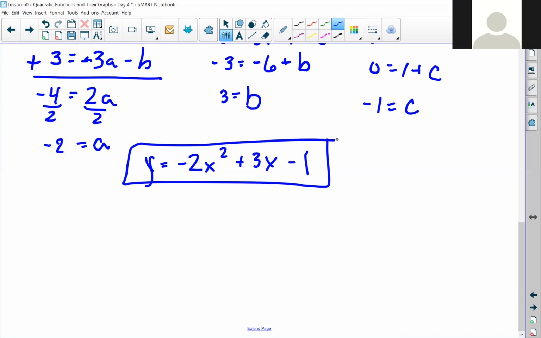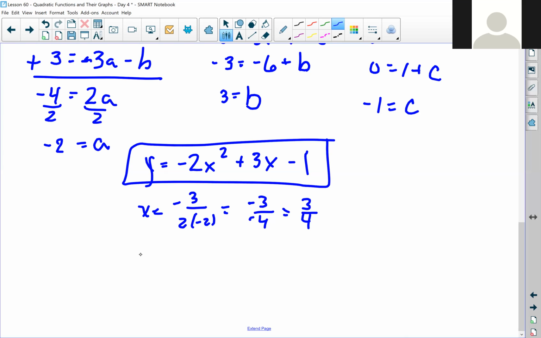So we can do that using the formulas from Tuesday. So I take the opposite of b over 2a. So -3 over -4. That's my x value for my vertex.